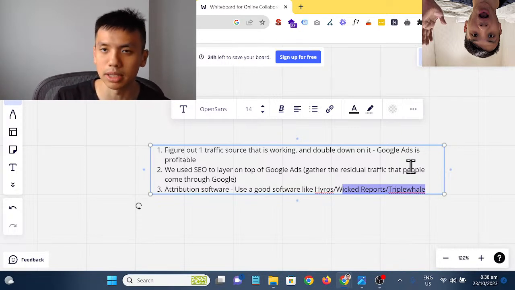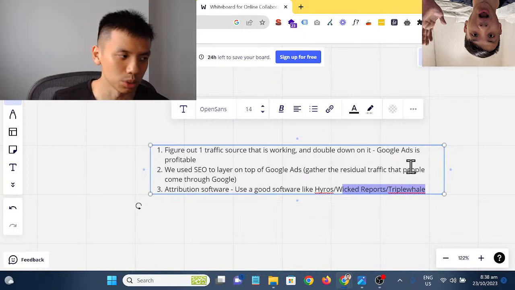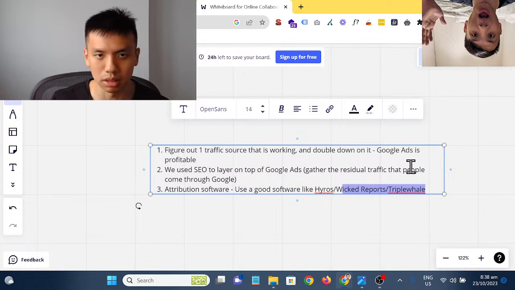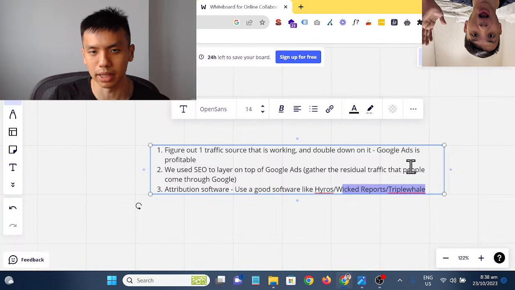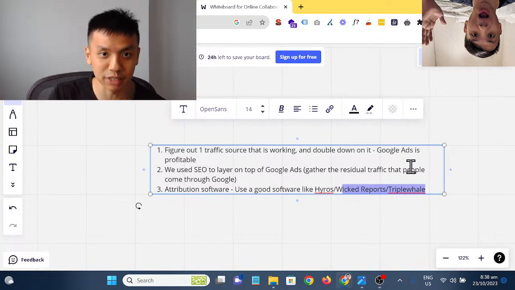You can't optimize a campaign if you are operating on false data. You would just basically be operating blindly, and you'll be wasting all your ad spend, and you will start wondering why is my store's revenue not matching up with the return on ad spend that I see on my Google Ads Manager or my Facebook Ads Manager, and that's very dangerous, right?